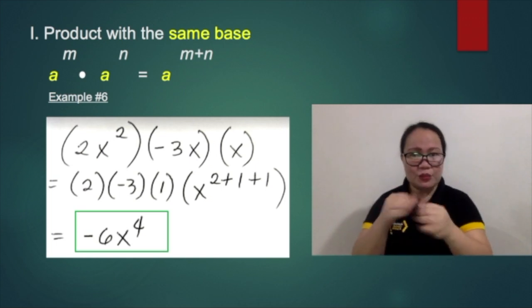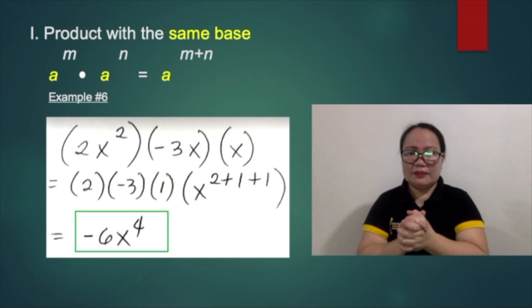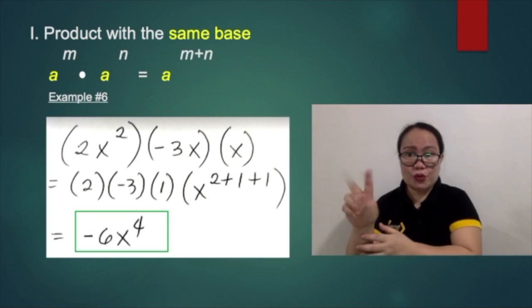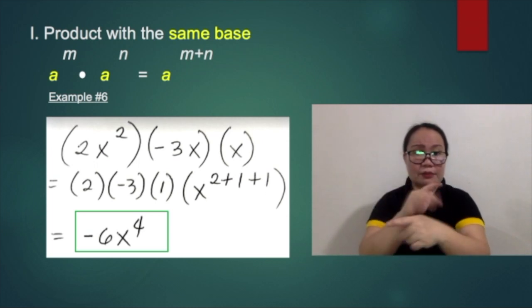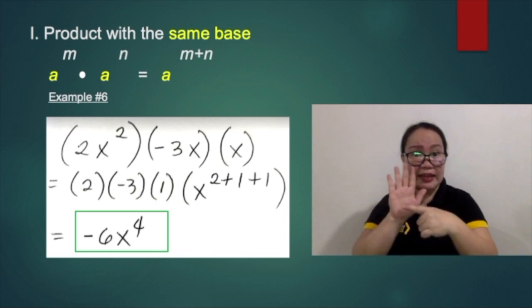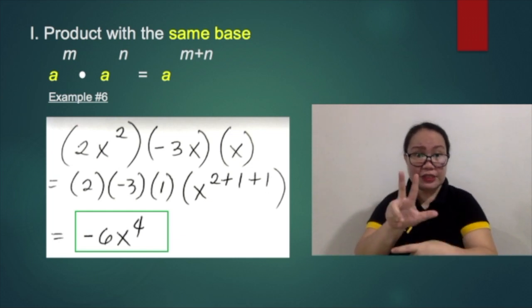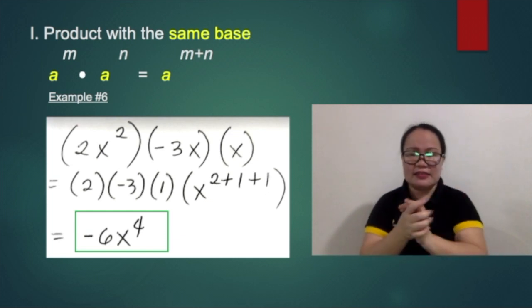Okay, we'll proceed with the next example, number 6. 2x squared times negative. This time, we have a negative integer. So, negative 3x times x.